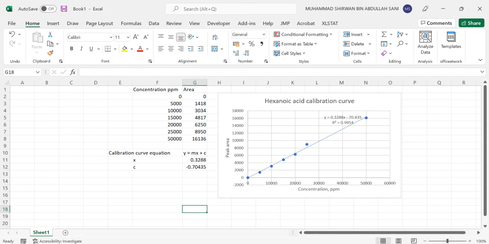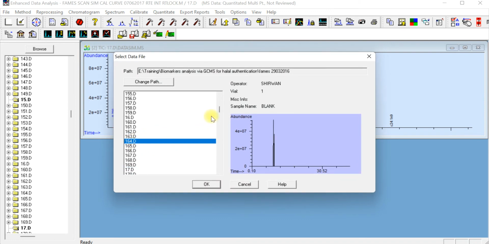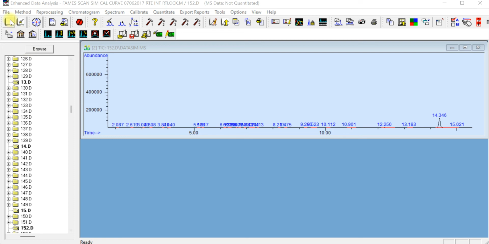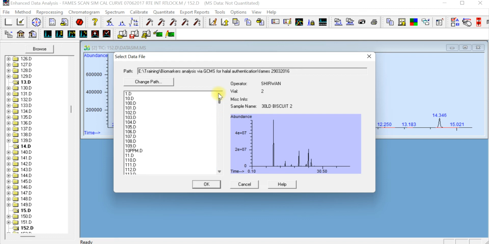For example, how about I open one data. How about if we try to quantify one data? For example, I choose this 10,000 ppm of the fatty acid as the standard, as an unknown. Actually, we don't know how much it is, so we want to know what the concentration is.